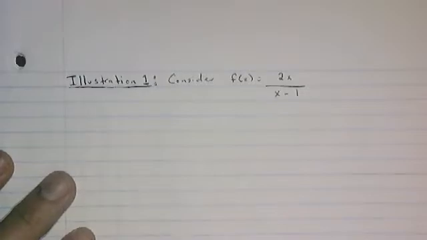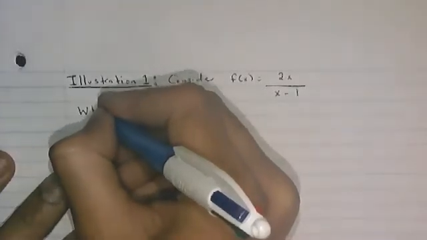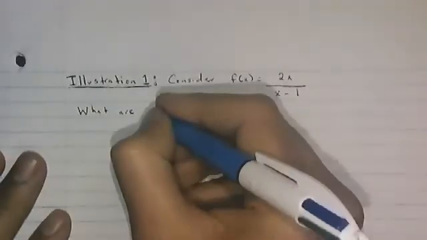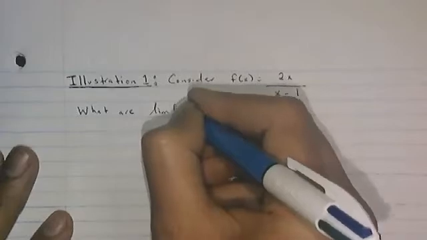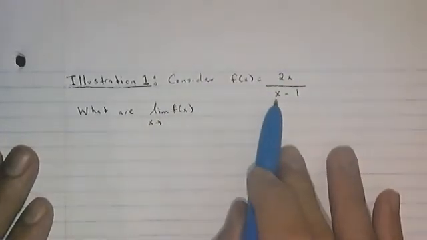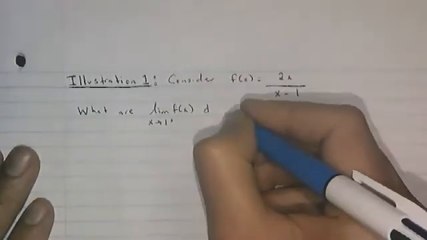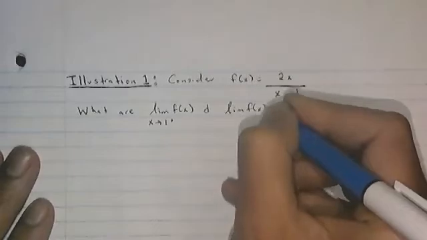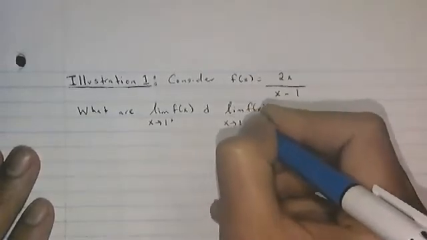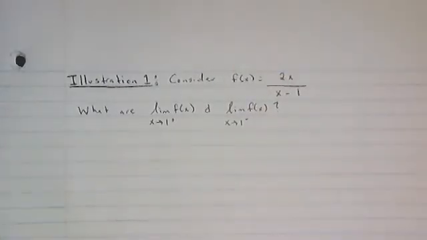What are the limits of f of x as x approaches 1 from the right, and the limit of f of x as x approaches 1 from the left?